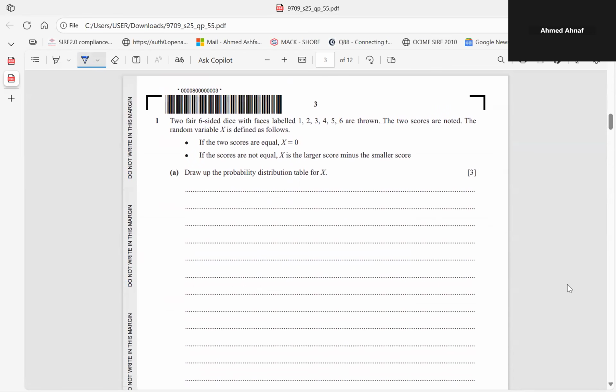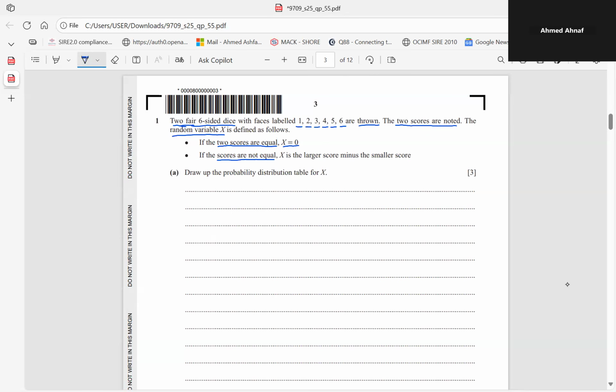Okay, so for the first question, we're told that two fair six-sided dice with faces labeled 1, 2, 3, 4, 5, 6 are thrown. And the two scores are noted, and the random variable X is defined as follows. If the two scores are equal, then X would be equal to 0.